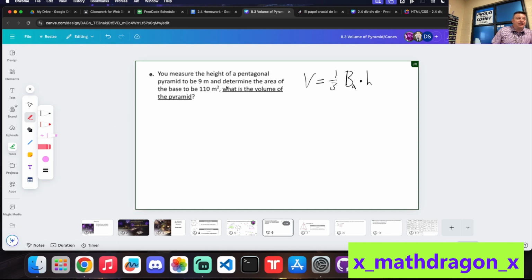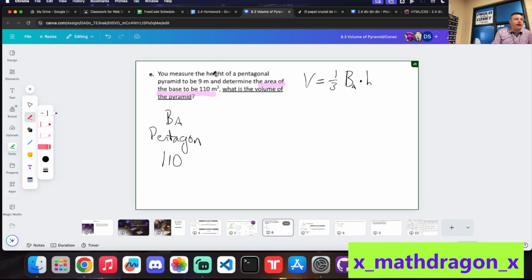So my guess is to determine the area of the base, they're going to give it to you. They tell you the base area. The base area, which is a pentagon, is 110. We don't have to actually calculate that base area. We just trust that it's 110.